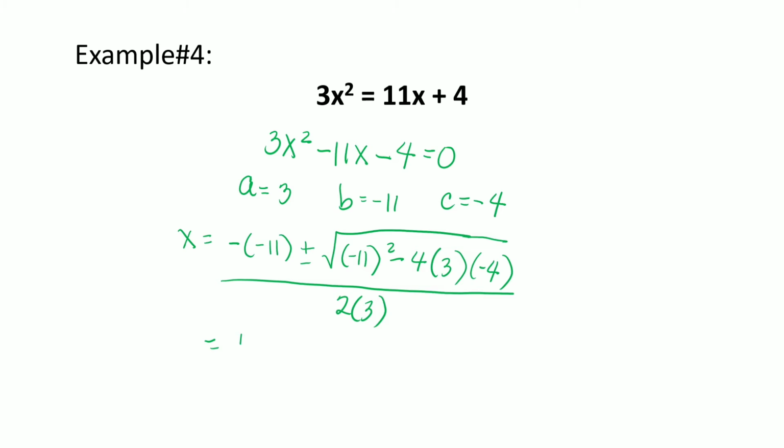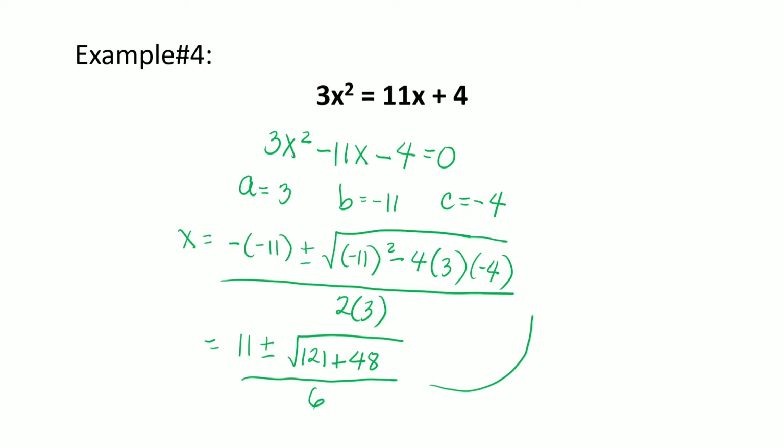So we have positive 11 now. 11 plus minus the square root of negative 11 squared is positive 121. Now we have two negative signs here, negative 4 and another negative 4. When you multiply it, that will become positive. Now 4 times 3 times 4, that's 48. Okay? All over 6. 2 times 3 is 6.